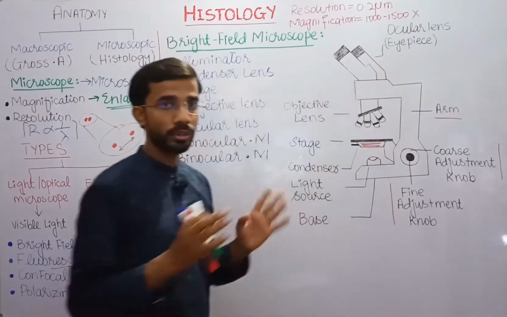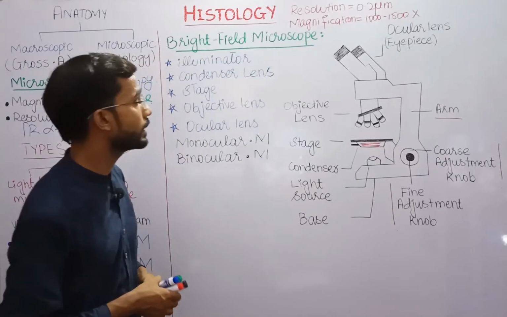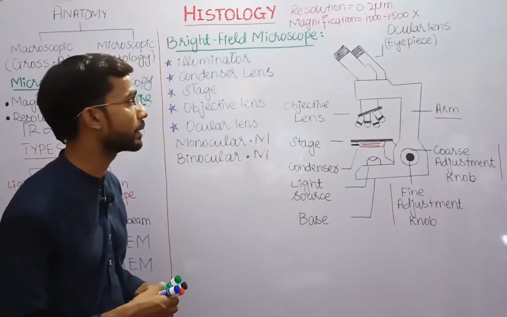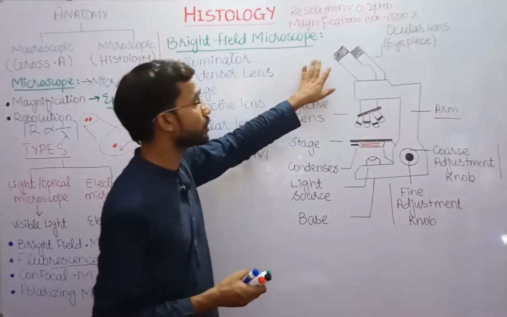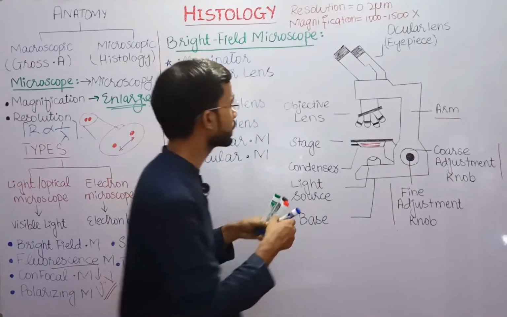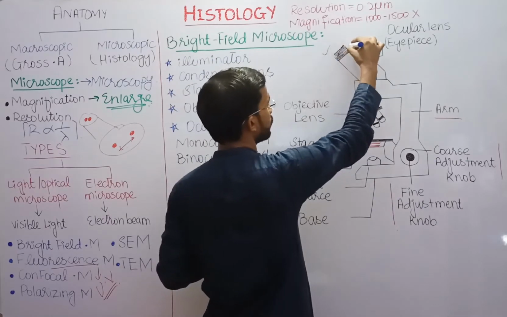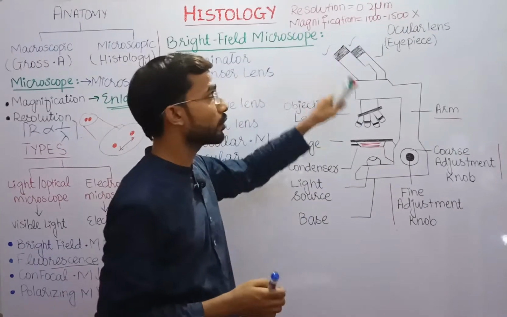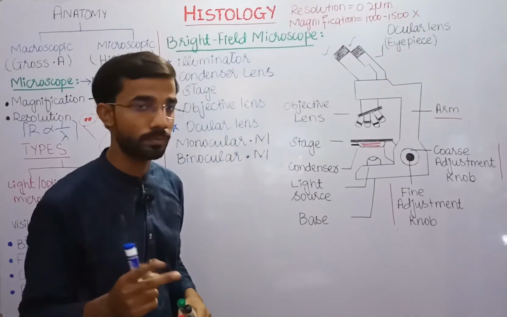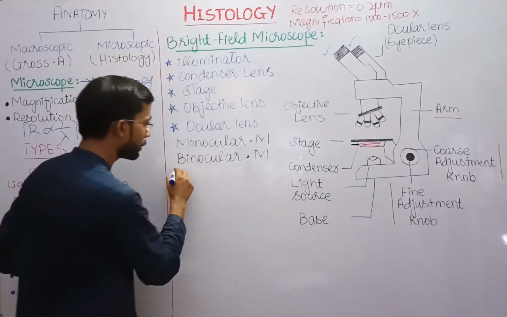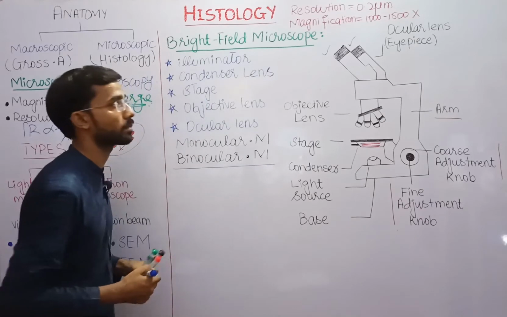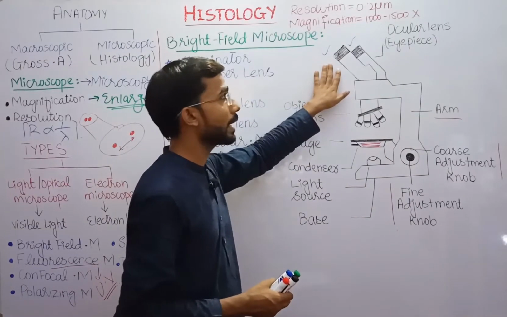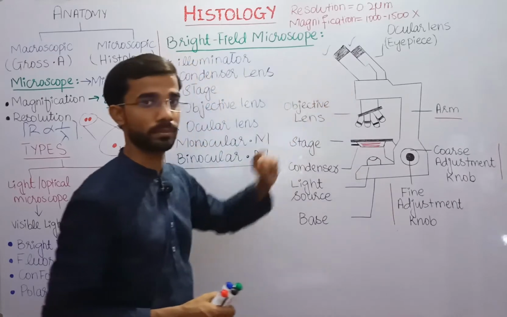Now we discuss in more detail the ocular lens, which is also called IP. It can be two parts, like 1, 2. If the ocular lenses are 2, then it is called a binocular microscope, right? But it can be 1.